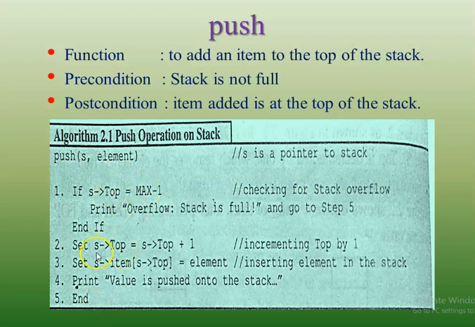Otherwise we will be proceeding with these steps. What are these steps? We have to increment the top location, and for the new location we are assigning the value of element. Thus the new value is placed on the top of the stack. This operation is called the push operation.